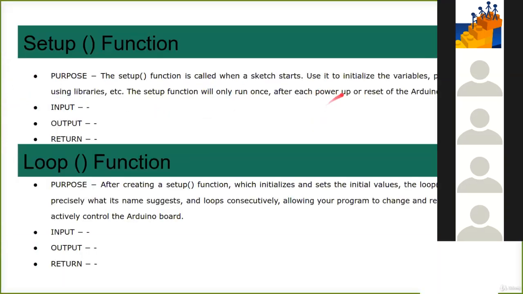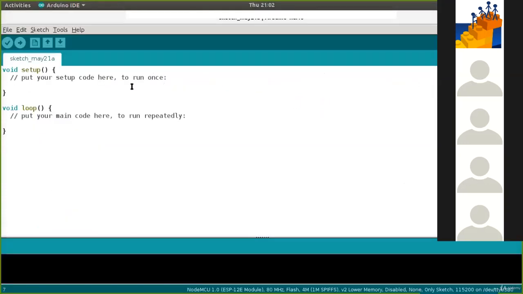Now we can initialize some variables. We had seen in Python that we can create variables of type integer, of type floating point, etc. So here also we can create a few variables, and you will have to create variables inside setup only.